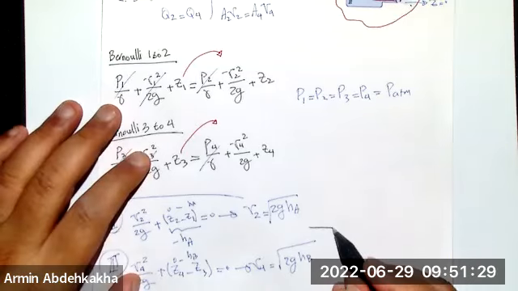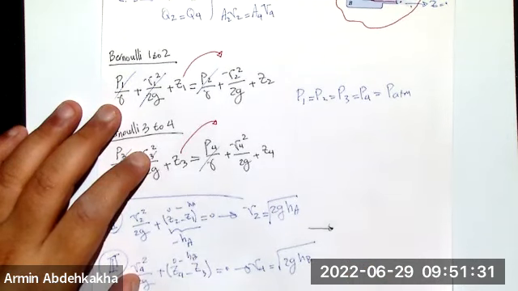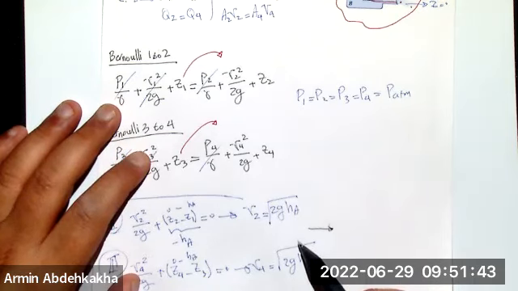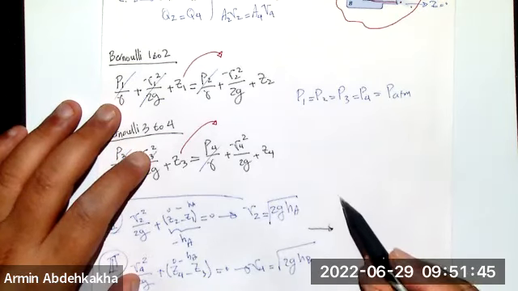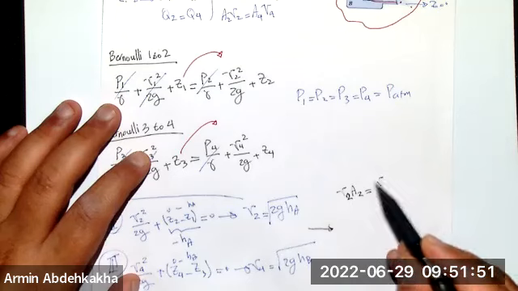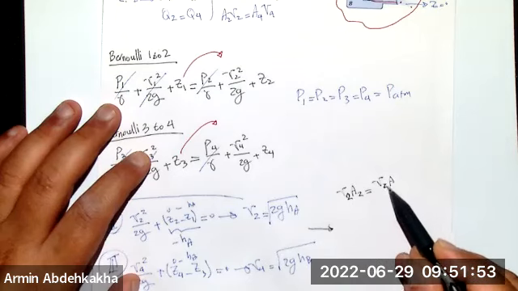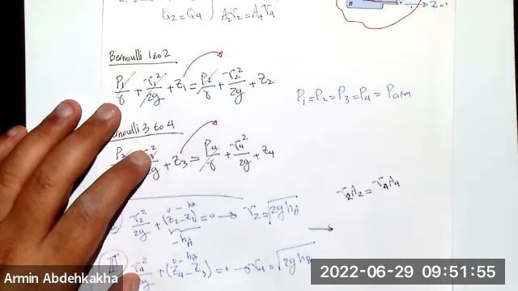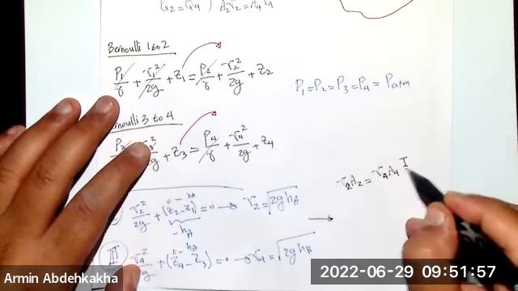Okay, so if I replace V2 and V4 with the answer that I have in equation 1, what I can do is say that V2 times A2 is equal to V4 times A4, right? That's the equation from equation 1.